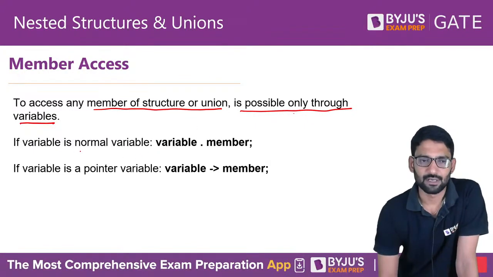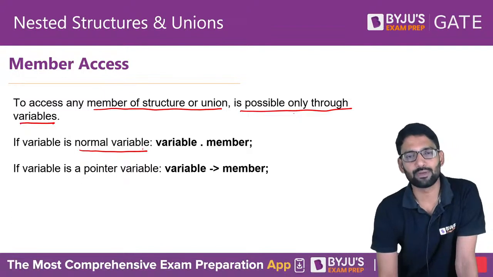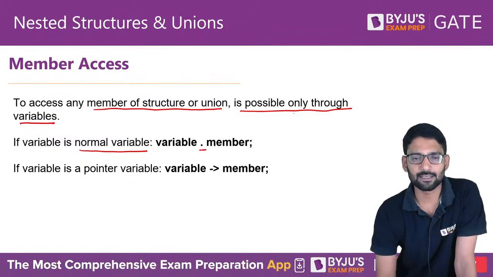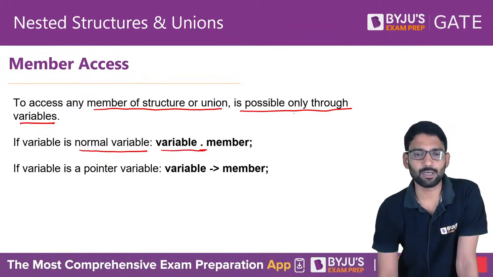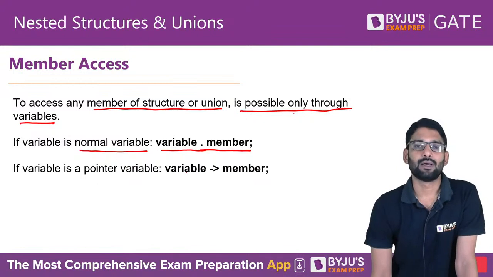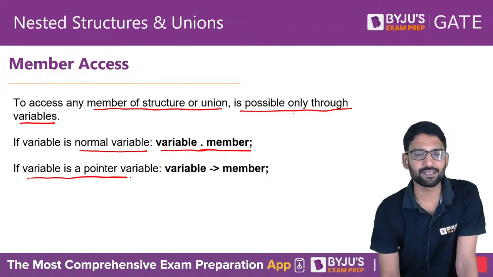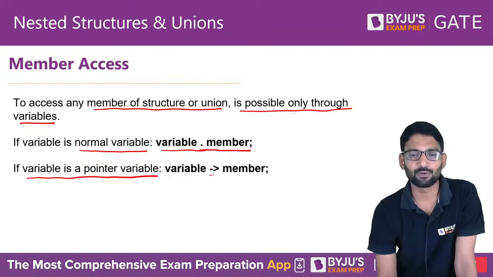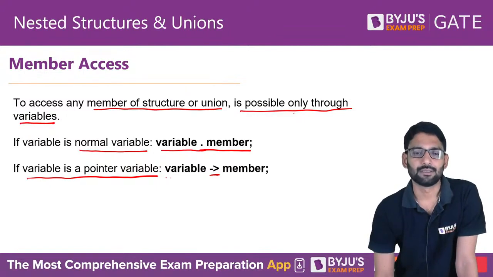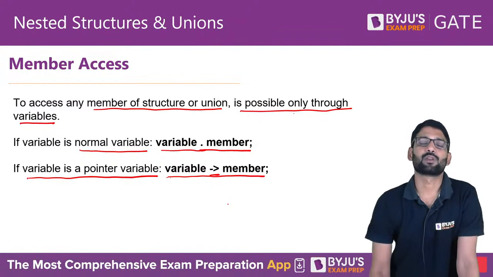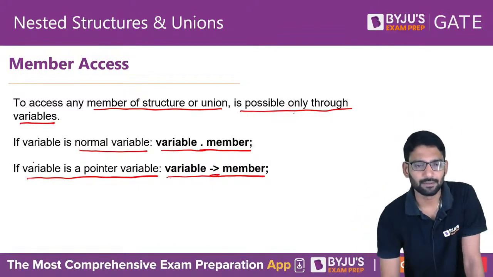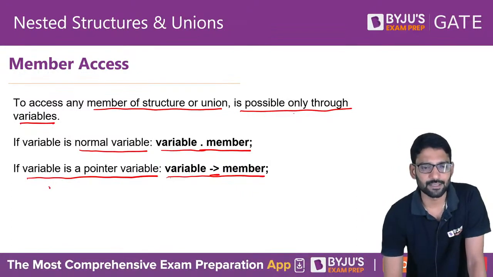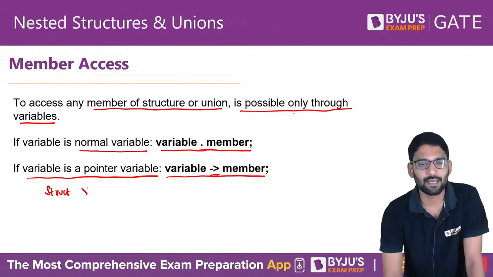If the variable is a normal variable, we access it with the dot operator: variable dot member. And if that variable is a pointer variable, with the forward arrow operator we can access: variable arrow member. For example, there is a structure struct XYZ.